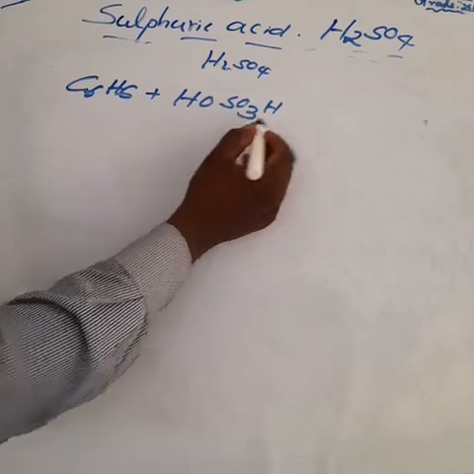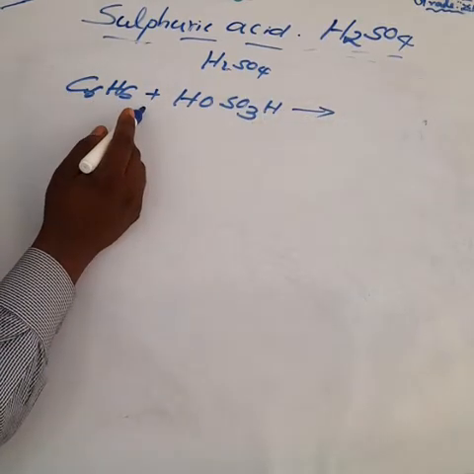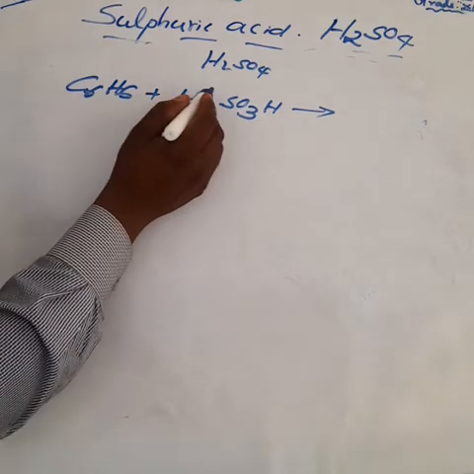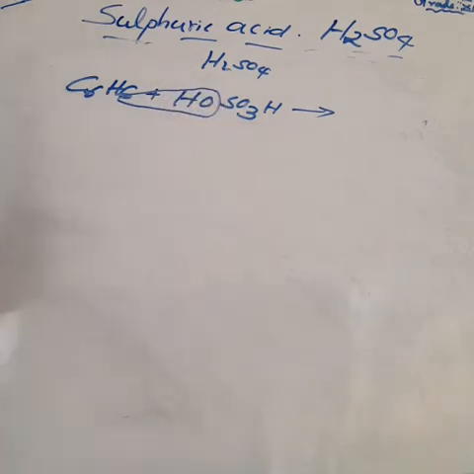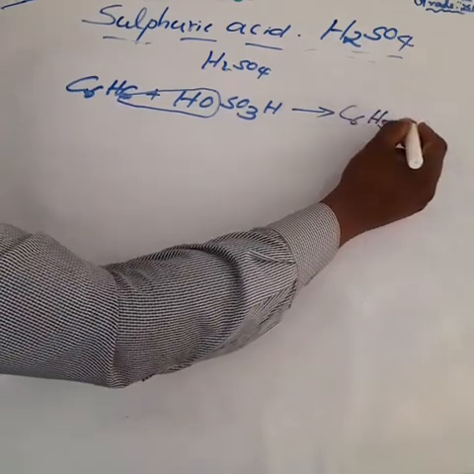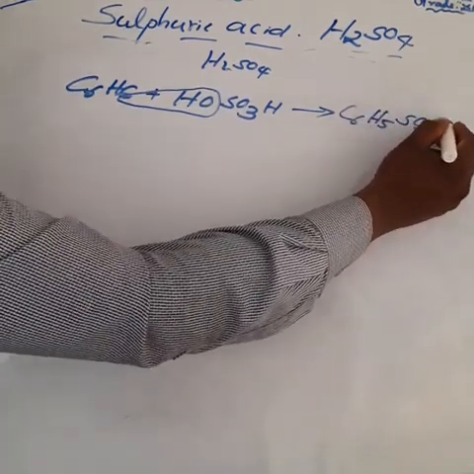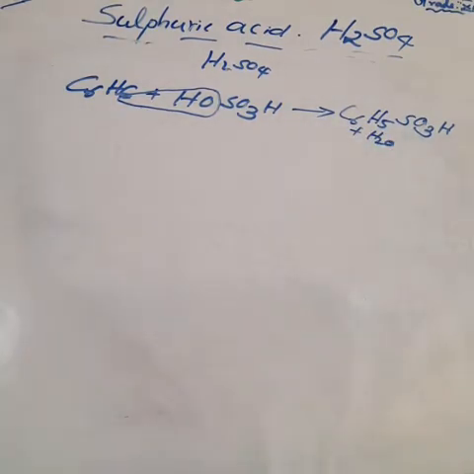This can be written as H2OSO3H. So one of the hydrogens from benzene combines with the OH to form water molecules. What's the remaining product? C6H5SO3H. These are some chemical reactions. So try to learn the reaction with organic compounds, that is, benzene with sulfuric acid. Please all of you learn this question.